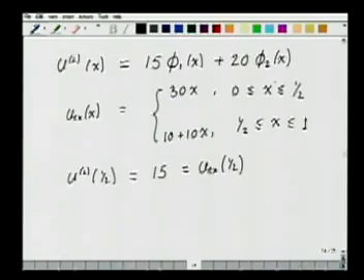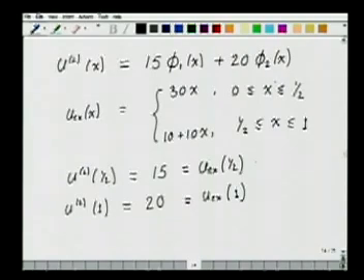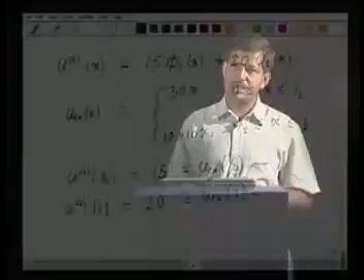Similarly, at the point x equal to 1, u2 is equal to 15 phi 1, where phi 1 at x equal to 1 is 0, and phi 2 at x equal to 1 is 1. So this will be equal to 20. And from this expression, it becomes equal to u exact at the point x equal to 1. So at both these points, x equal to half and x equal to 1, these two solutions are the same.